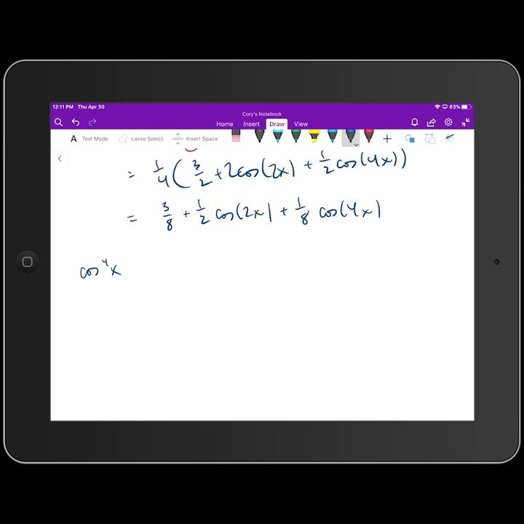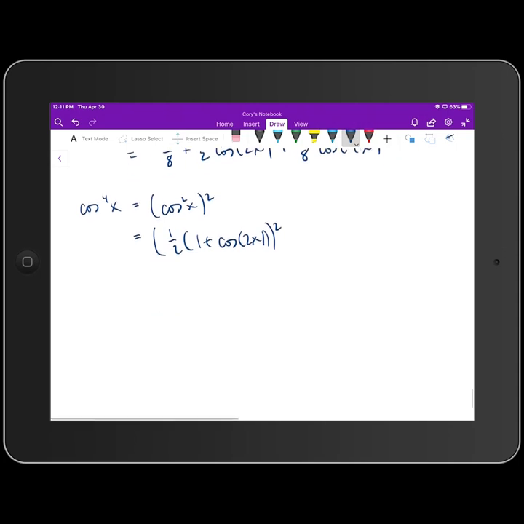Okay, so for the cosine of x raised to the 4th power, that's like cosine squared, quantity squared. So we can replace cosine squared with 1/2 times 1 plus the cosine of 2x. Then we're going to square that quantity, which means applying the square to each of those factors.